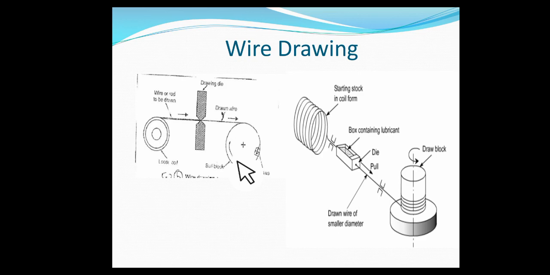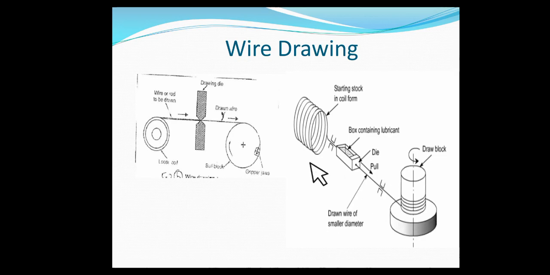Initially in operation, the wire will be cleaned by using chemicals and one end of the wire is cut. Remember, this one is the wire, the entry portion of the wire. This one we call a die and this one is the pulling force, where this one we call a draw block.